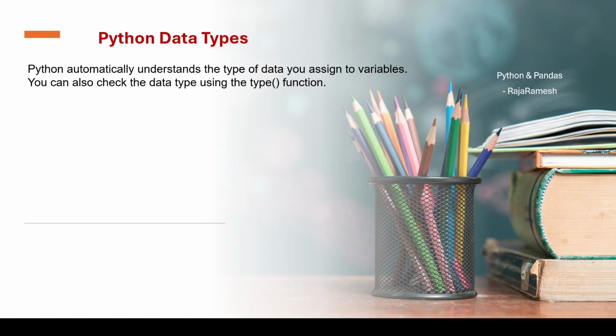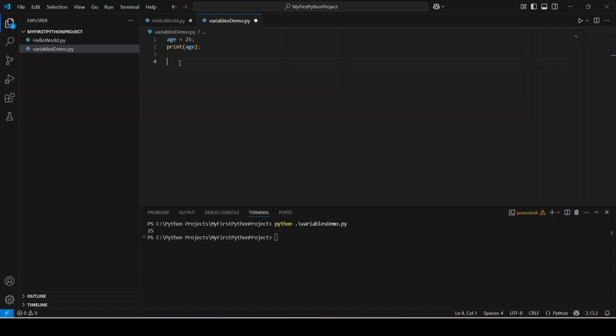And if at any time you want to check what type of data a variable contains, then you can use the type function. We will discuss functions in our further videos. But for now, remember you can use the type function to check the data type of a variable. We will see that in action. Switch to your Visual Studio Code and we have a variable called age.